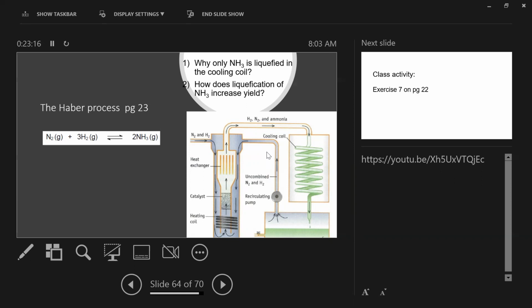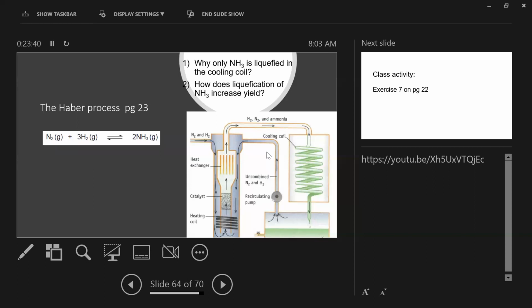Okay, boiling point is related to the intermolecular force strength, right? Correct? Yeah. So if only ammonia is liquefied, while nitrogen and hydrogen are gaseous, what does it mean?